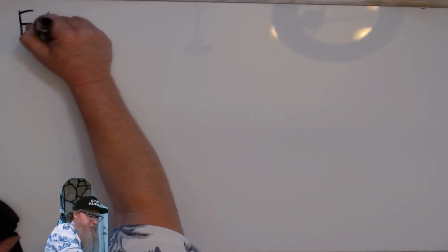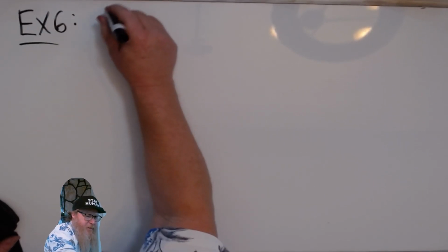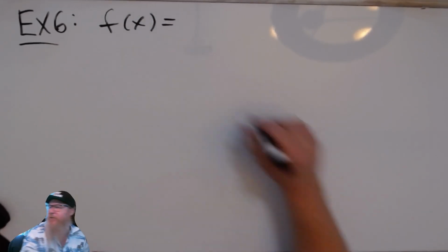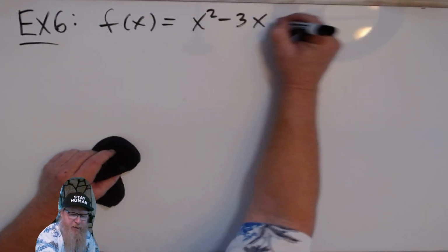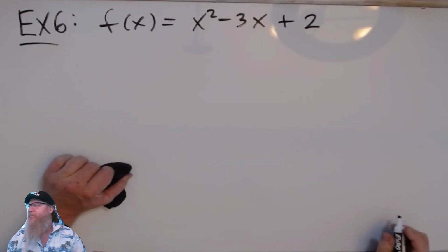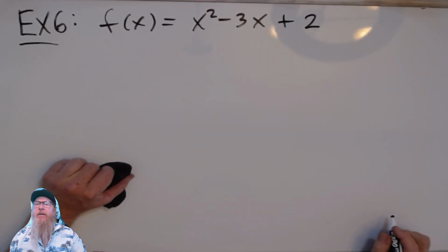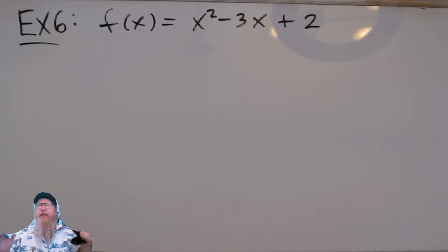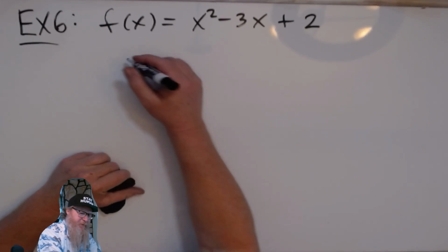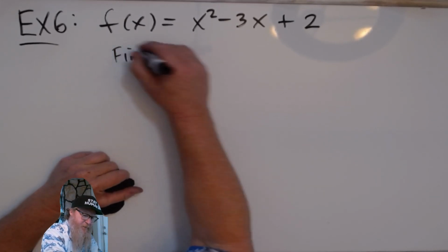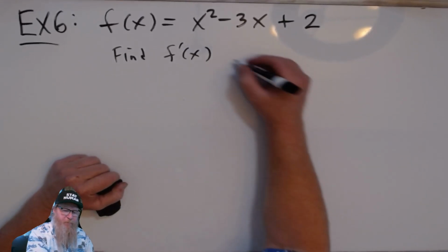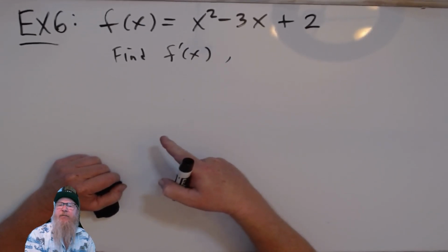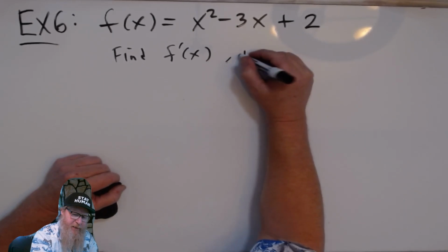Start way up here. So let's start with a function, x squared minus 3x plus 2. And let's think about the derivative. So let's find the derivative, f prime of x, and then complete the table.